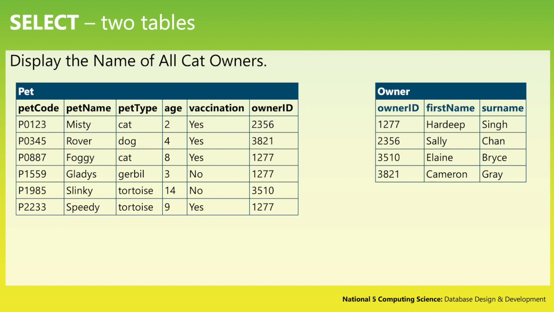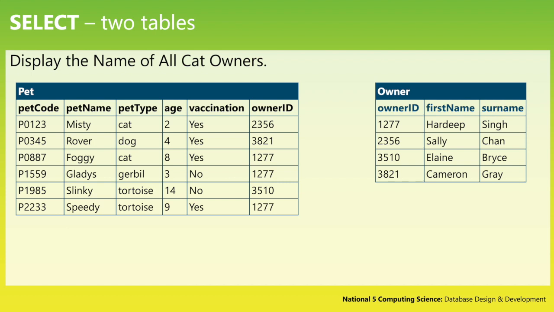So we've now retrieved information from a table, inserted information into a table, updated information in a table, and deleted information from a table. The next step is selecting information from multiple tables. So in this example, we want to display the name of all cat owners. Let's think what we're looking for.